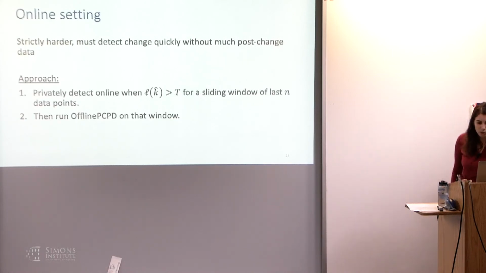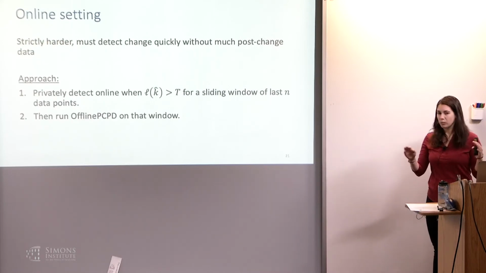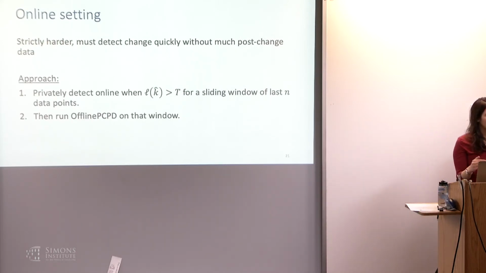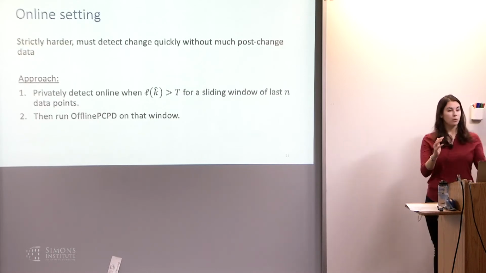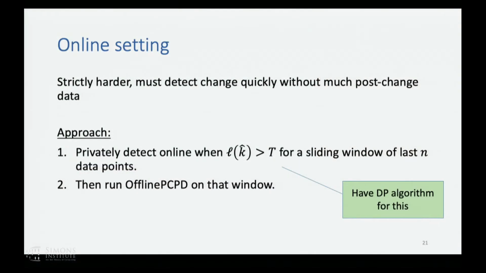We're going to check by looking at a sliding window of size n, and I'm going to ask, do I think a change occurred in this window of the last n points? Fortunately, we also have a private algorithm for this, and so again, thank you to the privacy community for making great tools in the past decade.